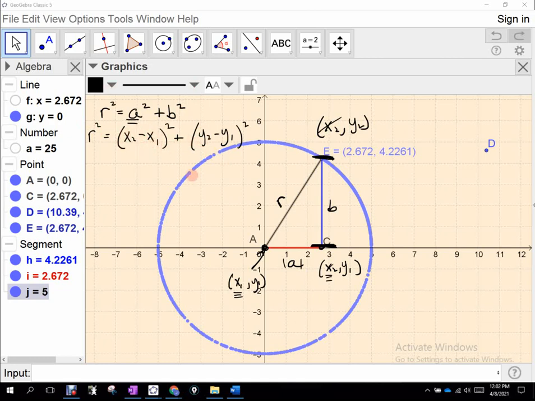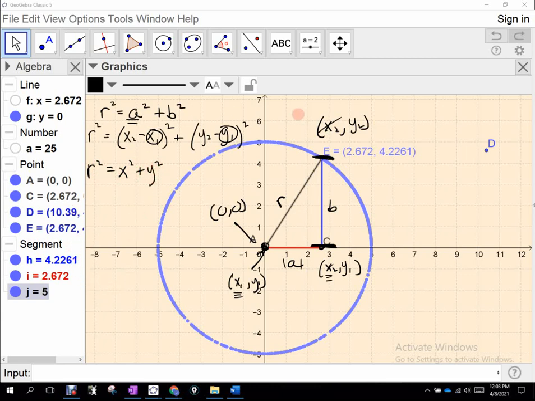I'm going to be very generic here, and I'm going to say that this x1, y1, that ordered pair right now, is 0, 0. So let's replace this with 0, and let's replace that with 0. And when I do that, I get r squared equals x squared plus y squared.